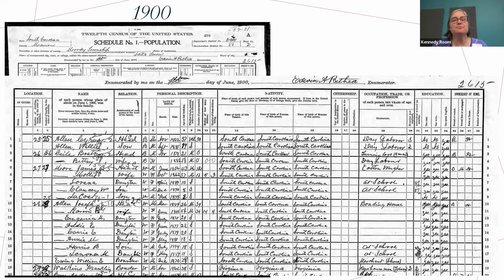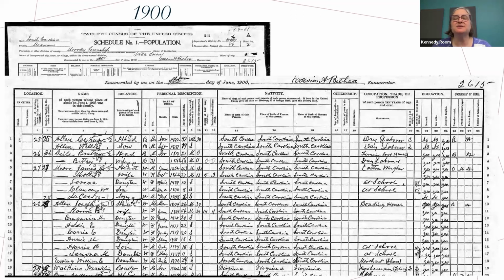It asks for the birthplace, i.e. state or country, of the person, their father, and their mother. There's a section for citizenship, which includes year of immigration to US, number of years in the US, and naturalization, which is basically a yes or a no. Have you been naturalized?